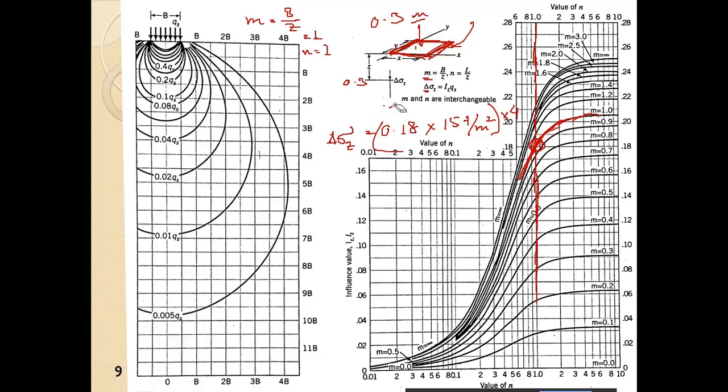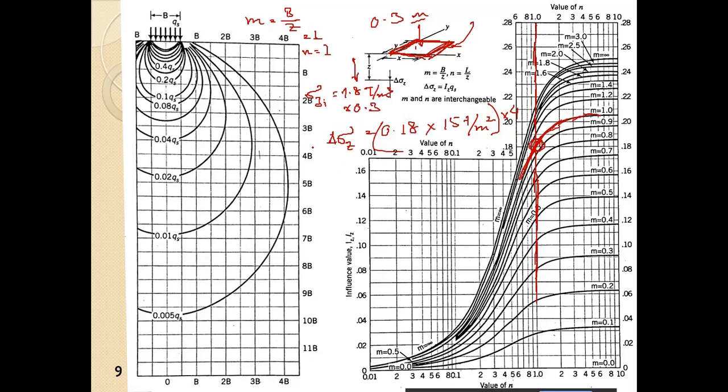Now obviously, we already have some initial pressure there, due to the weight of the soil. So that will be sigma zi initial. That will be the unit weight of the soil, which is given as 1.8 ton per meter cube, into this depth, that is 0.3.